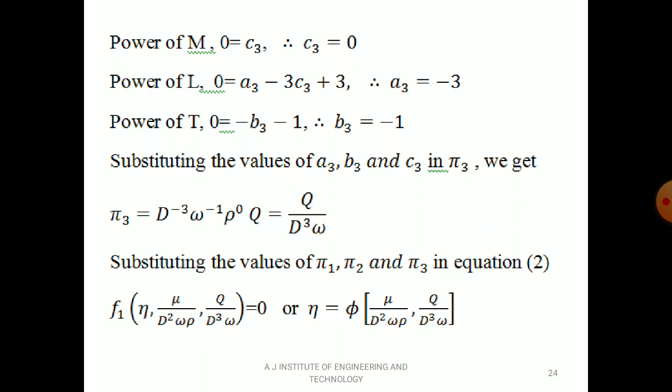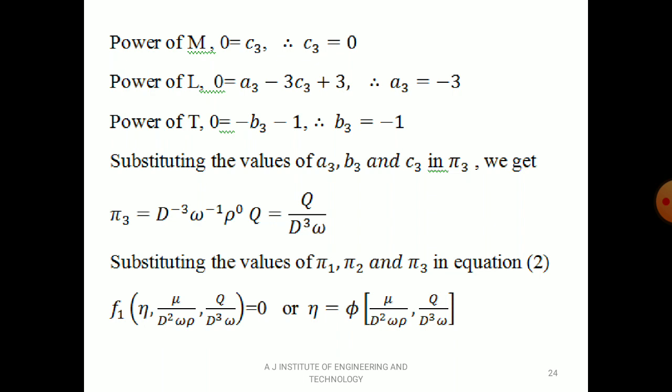Upon rearrangement we have to express the first pi term as a function of the remaining pi terms. So I can express eta as a function of mu divided by d square omega rho and q divided by d cube omega. So that is the expression for efficiency.